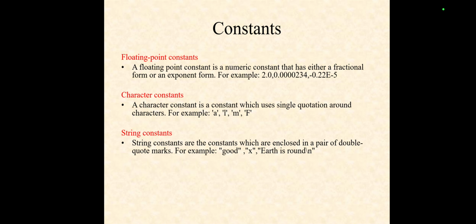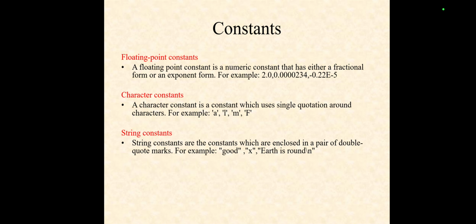Another constant is the character constant. A character constant is a constant which uses single quotation marks around characters. For example, we can declare character constants such as A, L, M, F, but keep in mind that they are in single inverted commas.